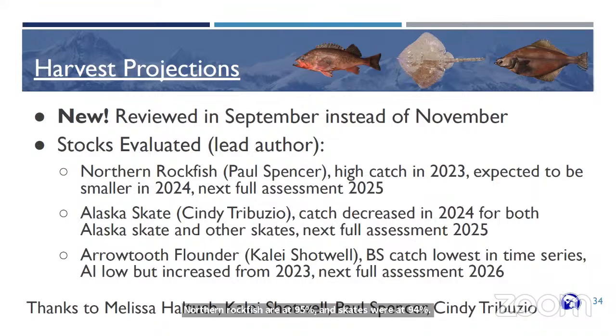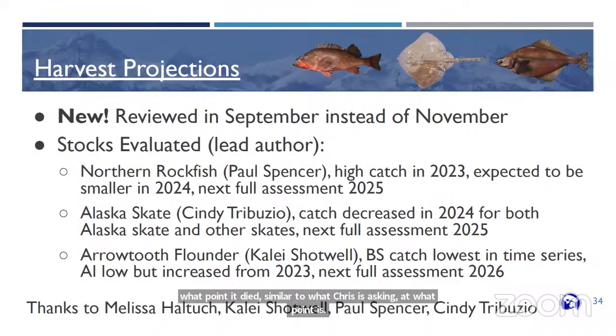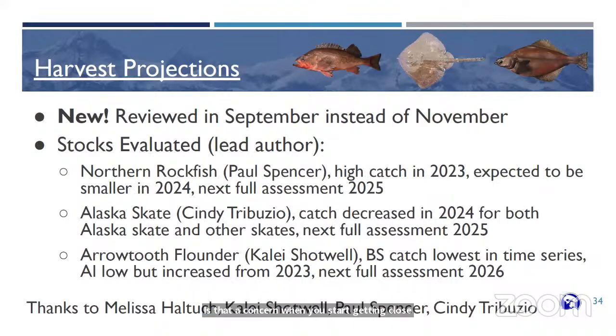I think similar to what Chris is asking, at what point is that a concern when you start getting close to TAC, especially for these assessments that are infrequent, with the projections and then also the lack of survey data?